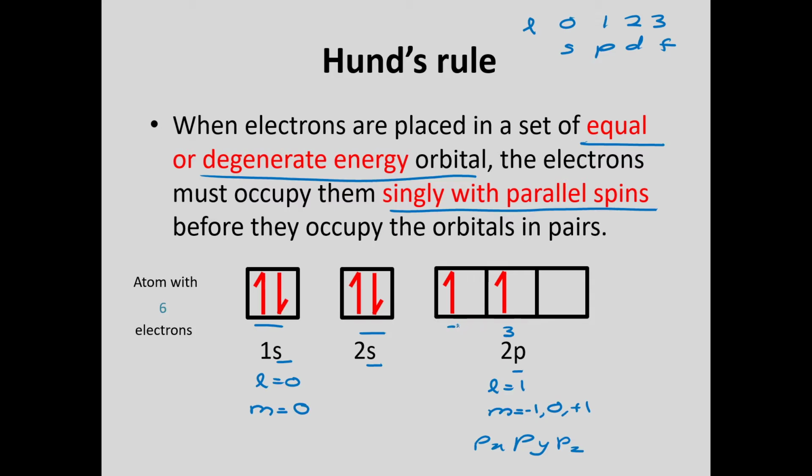So we have -1, we have 0, and we have +1. Okay. How about 3D? How many kotak you guys assume that 3D will have? So kalau D, L equal to 2, M dia, so berapa kotak D ada?